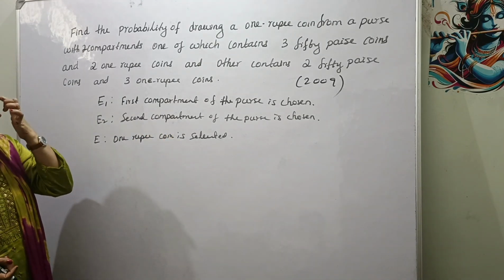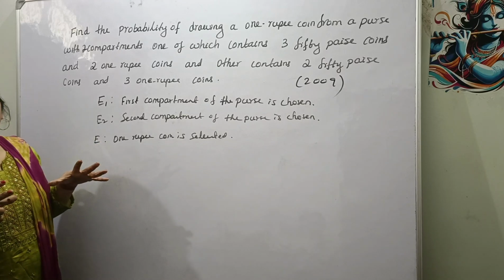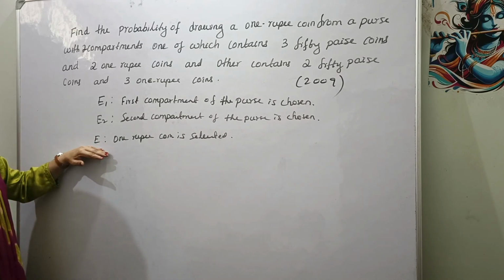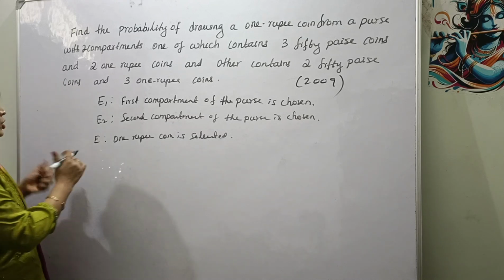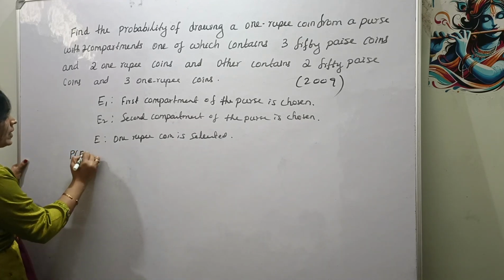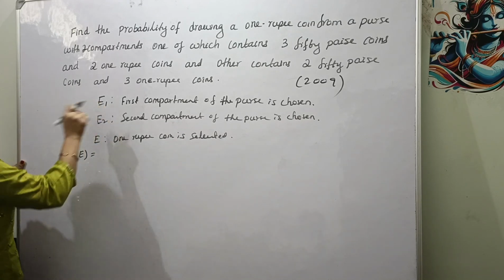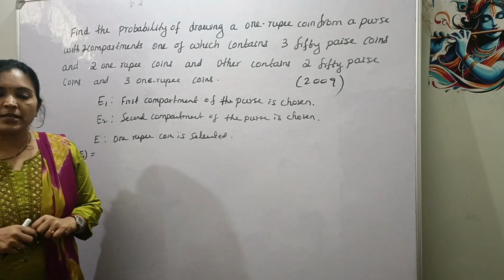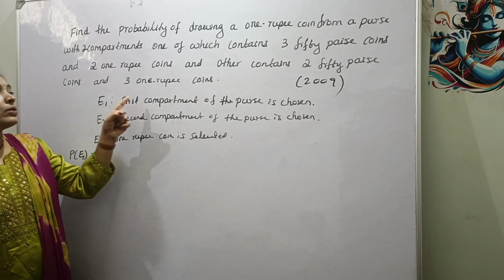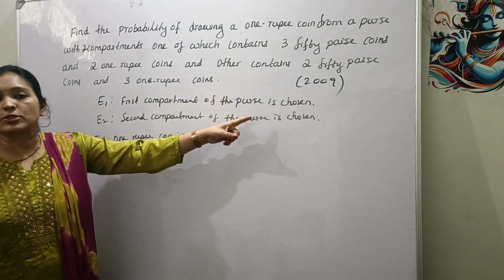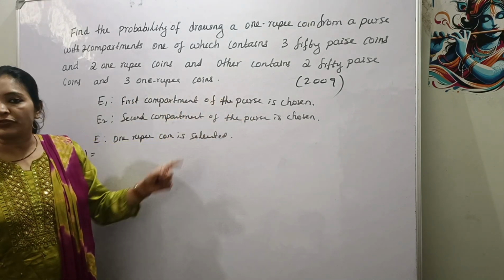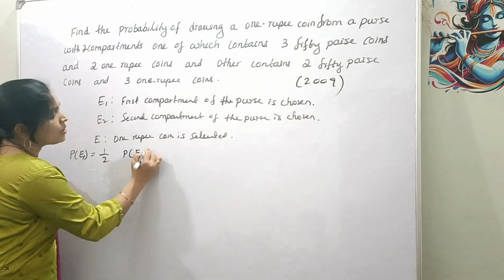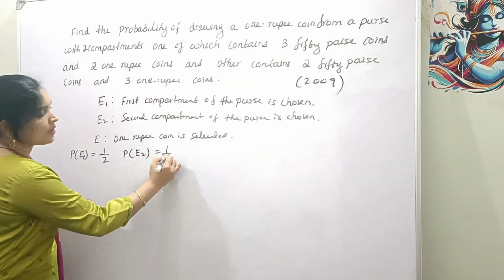Now here we will apply the total probability theorem. We have to find the probability of E. First of all, let's write what is probability of E1. There are only 2 compartments in a purse, so the probability that the first compartment of the purse is chosen is 1 out of 2, that is 1 by 2. And probability of E2 is also 1 by 2.